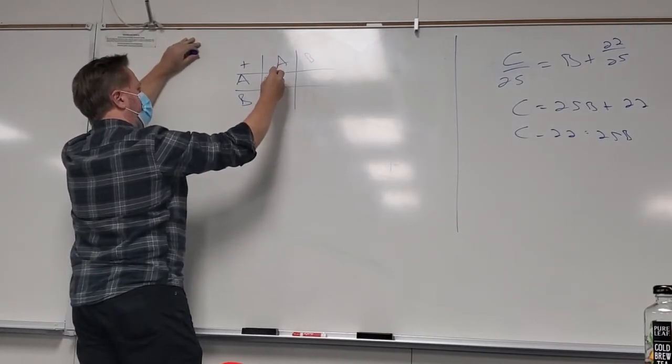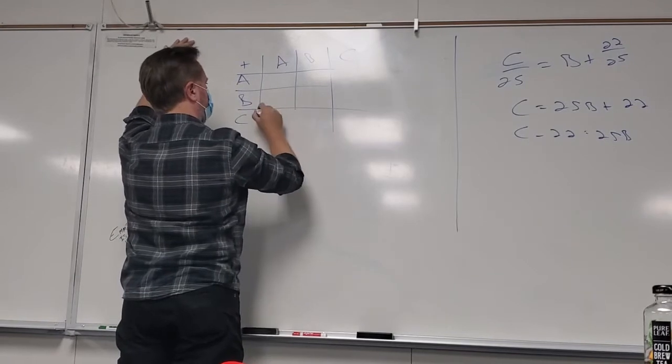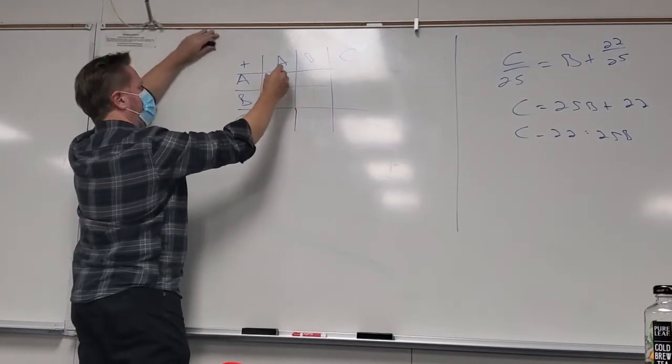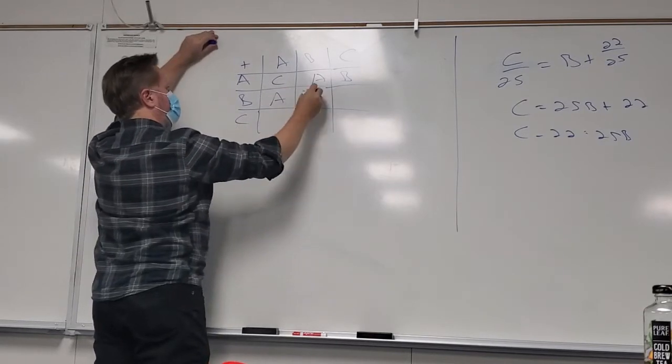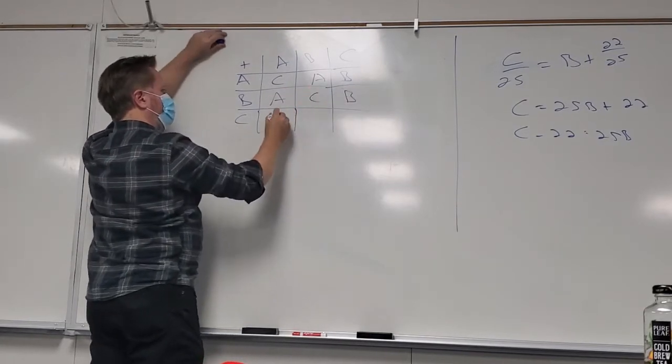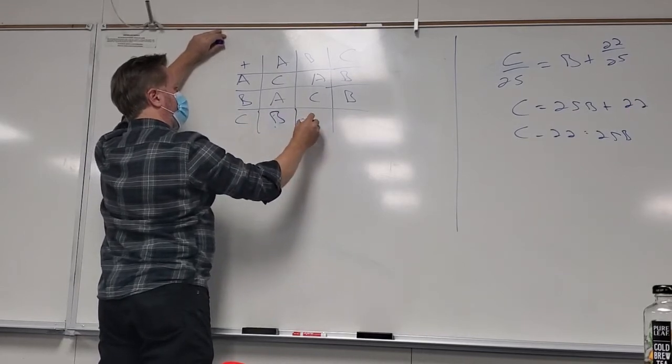Let's do one word. All right, so then I could say C, A, B, A, C, B, B, A, C. Let's see what happens here. B, A, C. Why not?